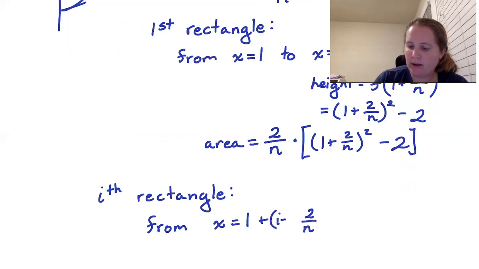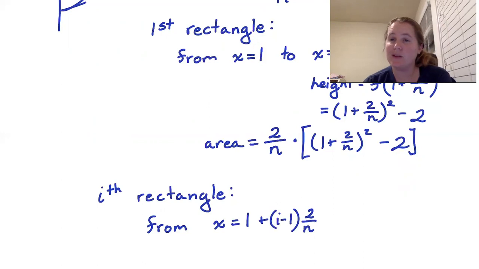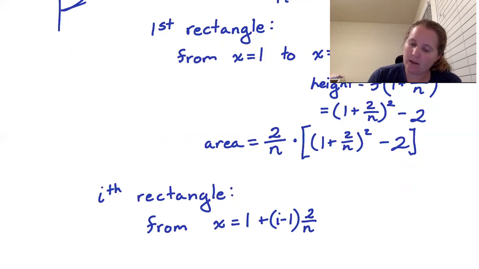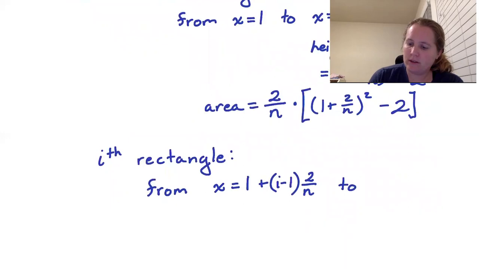And once again, we're adding on I minus 1 copies of 2 over n. So the first rectangle, we want to add 0 copies of 2 over n, hence doing I minus 1. And then each one we add an additional 2 over n. We're going to go from that value of x to x equals 1 plus I copies of 2 over n.